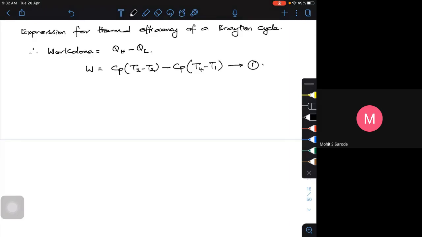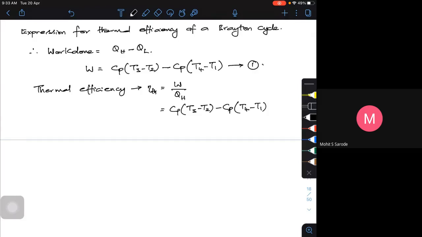What is your thermal efficiency? Thermal efficiency is equal to work done by heat supplied. So work done is Cp into (T3 minus T2) minus Cp into (T4 minus T1), divided by Cp into (T3 minus T2).